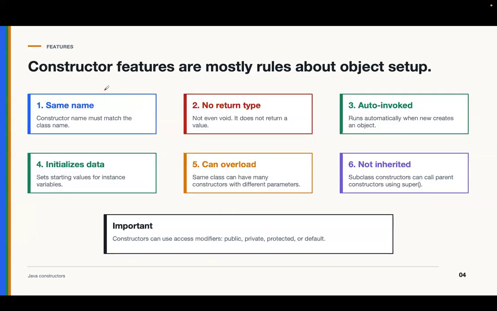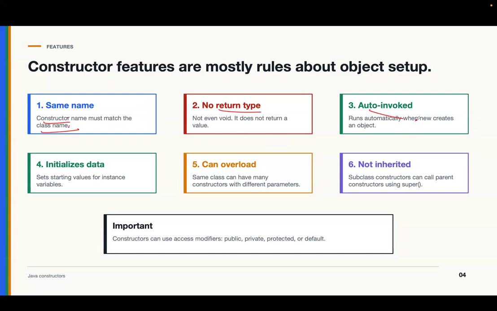So what are the features of a constructor? The constructor name must match the class name. That is very important. The class name and the constructor name should be the same. And no return type, I told you, right? We can't return anything. We can just accept the values and display something. This is auto-invoked, it runs automatically.